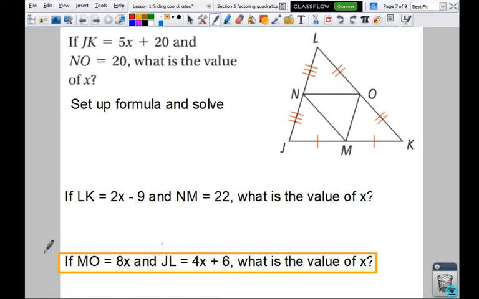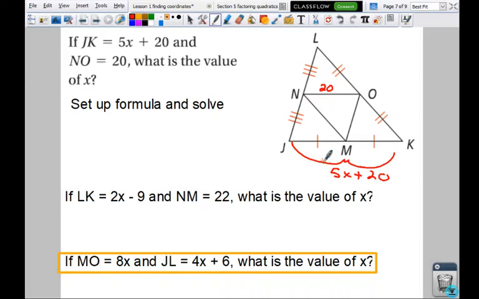All right, so we did some easy ones, but we can do similar ones now. We're going to look at the same kind of triangle, and it says if JK equals 5x plus 20. JK is this big one down here. It equals 5x plus 20, and NO equals 20. What is the value of x? So we're just going to set up our formula and solve it.